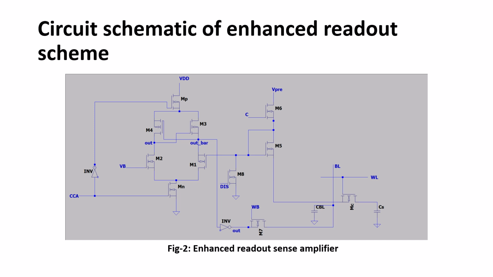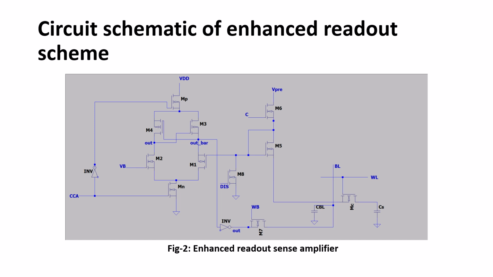So let us understand what is actually happening in this overall circuit by taking one example. Let us say we are storing logic 1 at the CS node capacitance, so the initial voltage of the storage node capacitance is VDD.